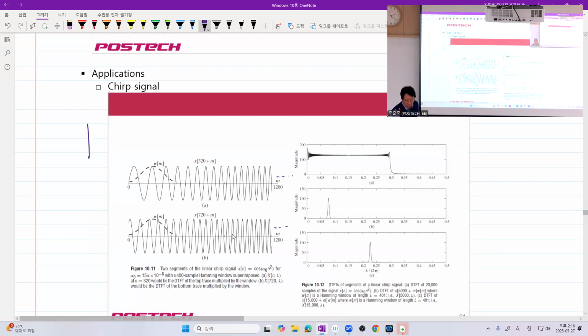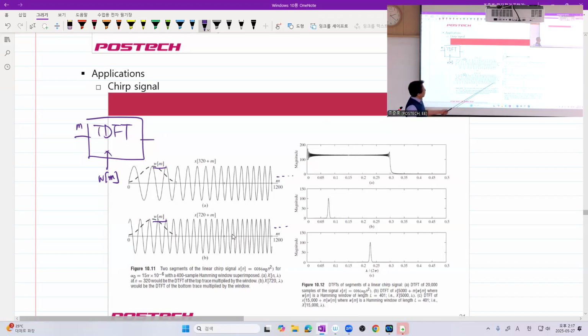In the time-dependent Fourier transform, our window is fixed as a function of m. And here we assume that the window function is this time domain Hamming or Hann function or Kaiser window. Then this product of these two signals is discrete-time Fourier transformed.